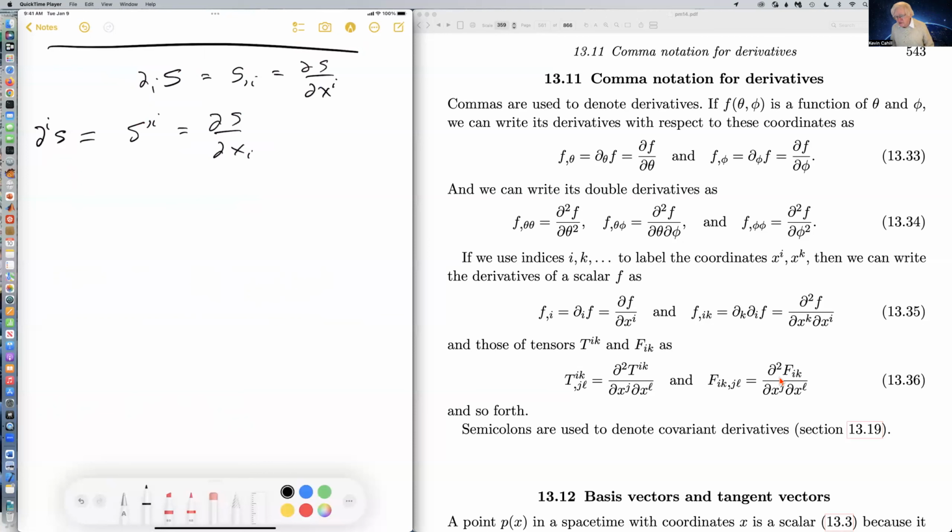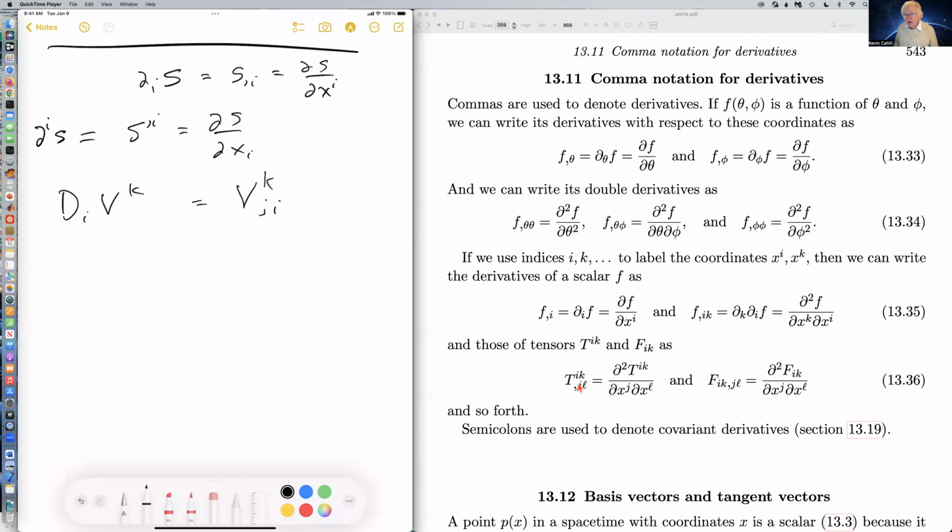Those derivatives are called covariant derivatives, and these are written sometimes like this, D_i V^k, say, and that then is a covariant derivative. But another way of writing that is V^k semicolon i. So the comma notation gets promoted to semicolon notation when you introduce covariant derivatives.